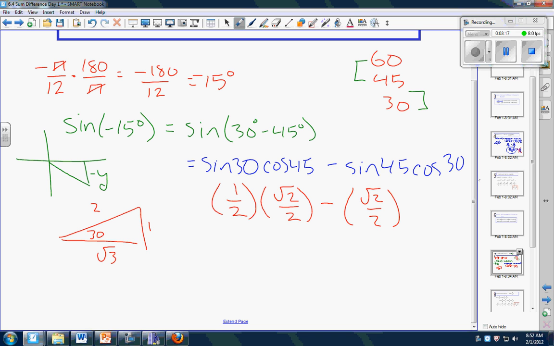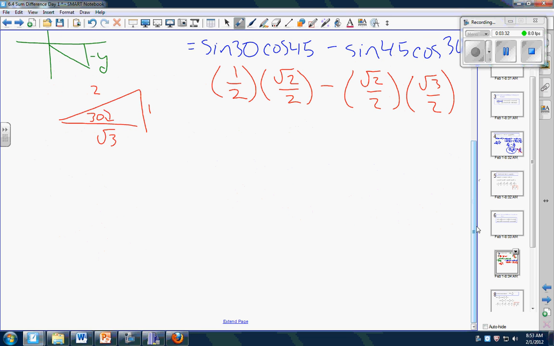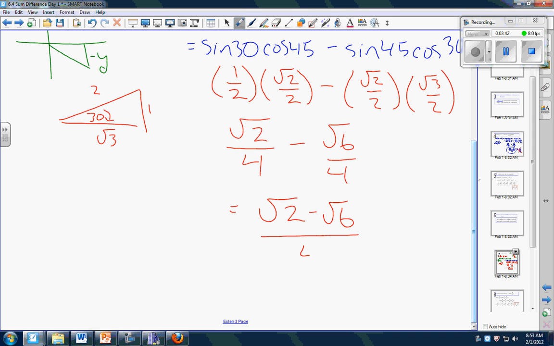And cosine of 30 then is square root of 3 over 2. So you should not be repeating both values all the time. Okay, if you have 45s, you will. For other things, you will not. So all we do is simplify this. Square root of 2 over 4 minus square root of 6 over 4. You actually get the same answer that we did last time.